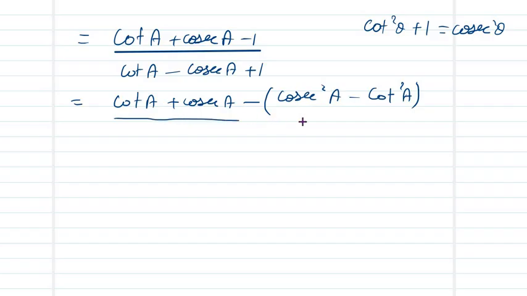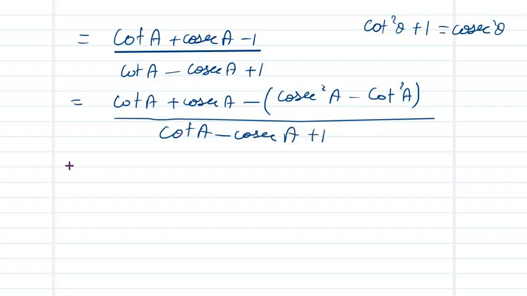So the denominator, we are not going to make any change here, which is cot A minus cosecant A plus 1.